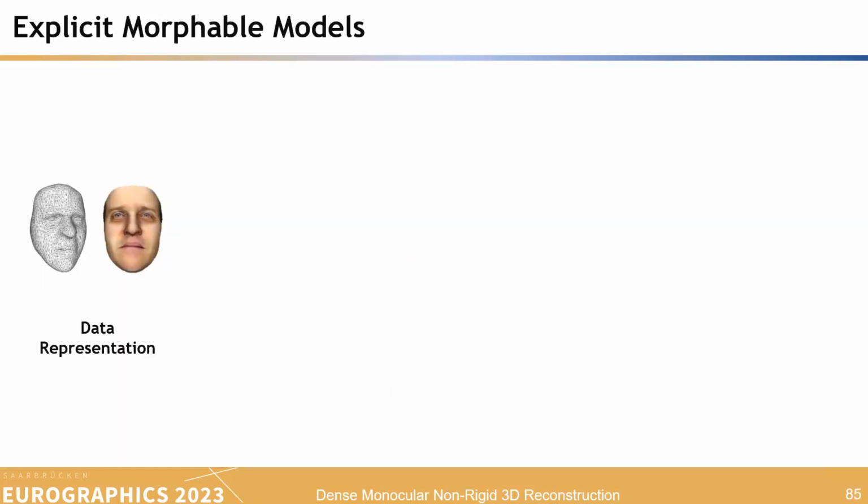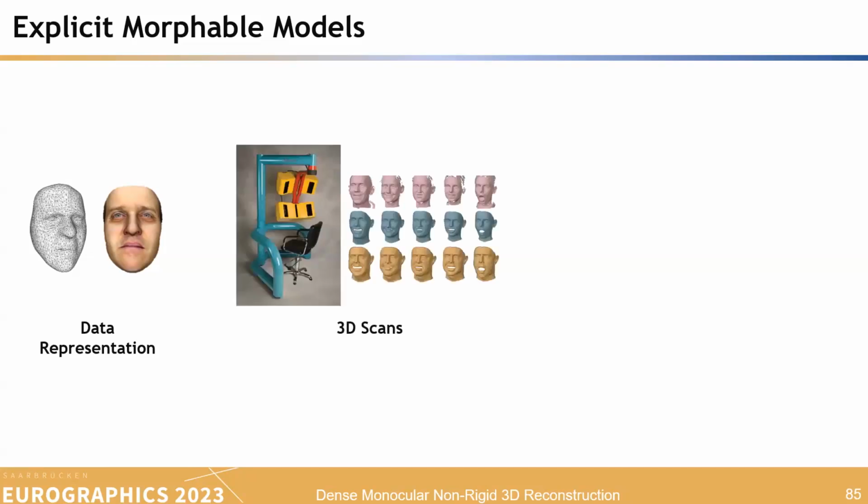Let's look at explicit morphable models a bit more closely. Typically the data is represented by a fixed number of vertices, and they also have color associated with that. To build a prior model, people generally collect a lot of 3D scans. And if you also want to learn a prior for expression space, you have expressions involved in the data. These data are densely registered against each other.